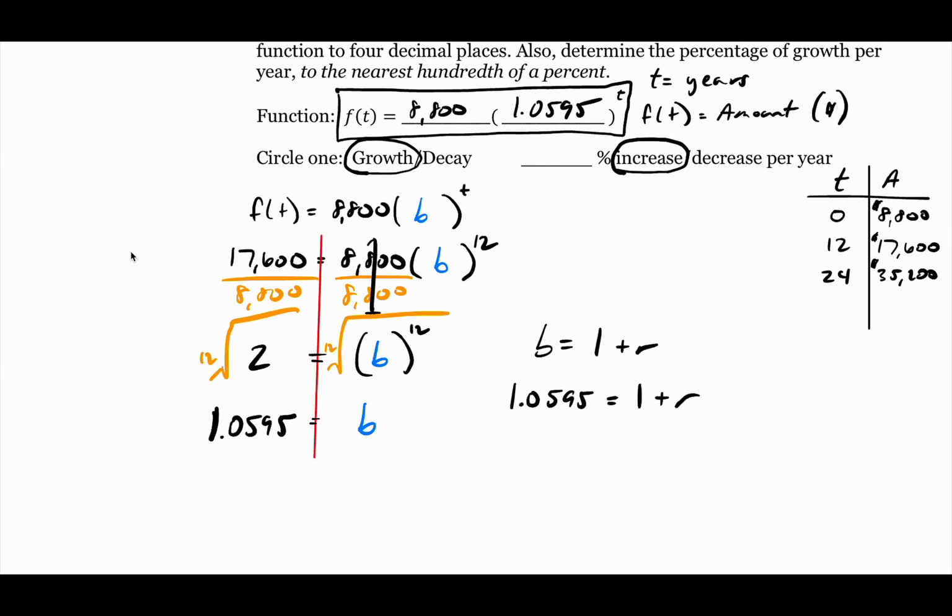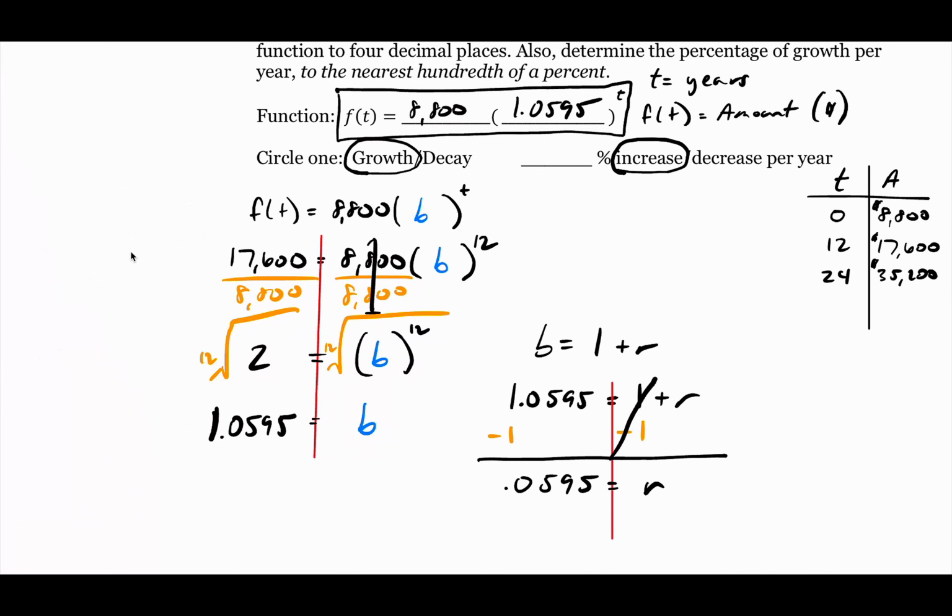So now what we're going to do is we're going to solve for r. And then we have to change it to a percent. So when I subtract, I get 0.0595 equals r. That is r, but they want the percent.